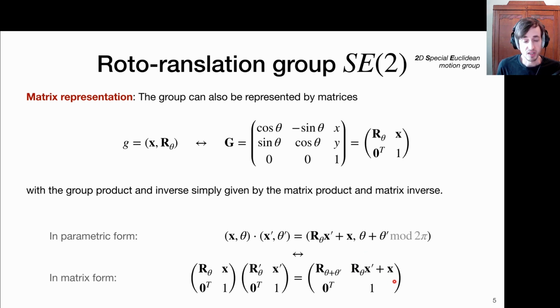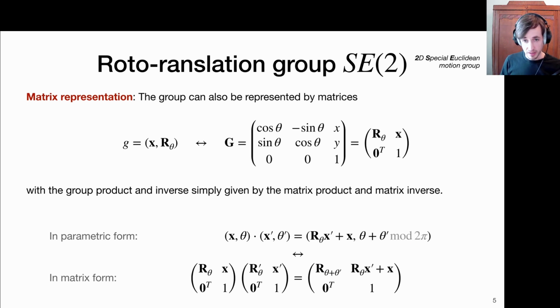And it's the same as we saw in the parametric form. So we do not necessarily need to compute all these matrix multiplications if we know what the result will be. So we might as well work in parametric form and say that the group product is defined as such, right? This is the new translation, and the rotation is represented by this new rotation angle, modulo 2 pi, of course.